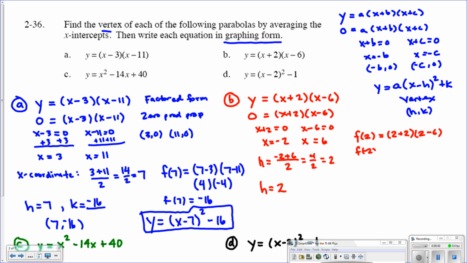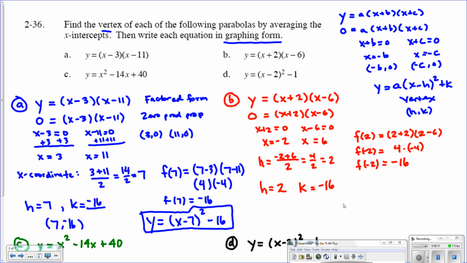So we have the function of 2 is going to equal 4 times negative 4, which in this case, again, is going to end up giving us negative 16 again. Now they're not always negative 16. They just happen to be in this case here. So k equals negative 16.